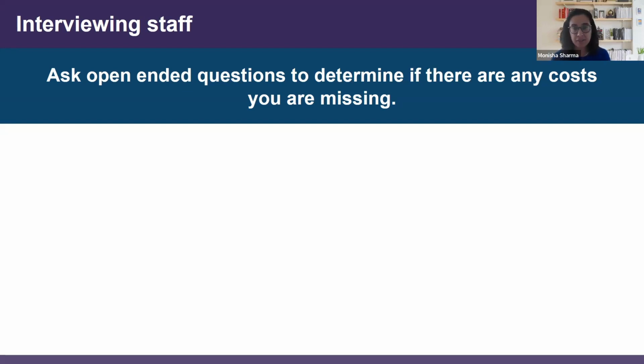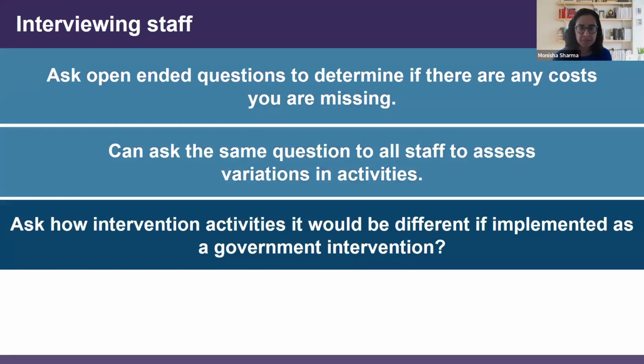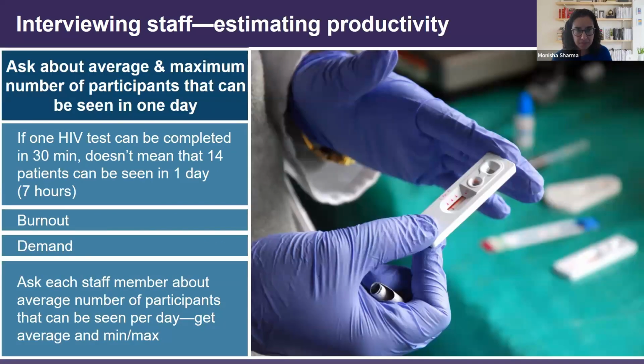So just asking a lot of open-ended questions and then trying to assess the variation in responses across staff, and then asking how it would be different outside of the setting that you're observing. So in this case, home visits, because it's an RCT, were done in randomized order, but actually staff would batch these visits and they would be much more efficiently done.